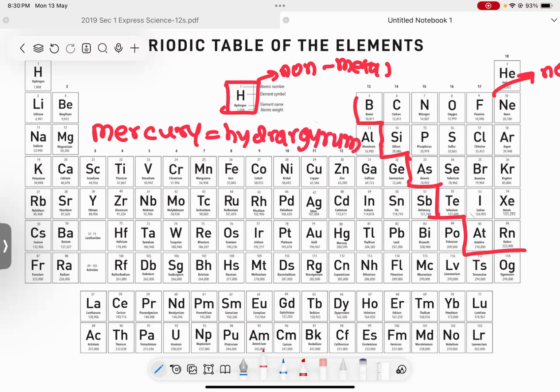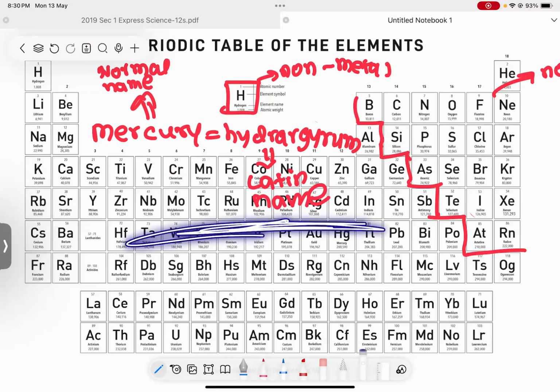So, mercury is the normal name which we all know it as, and this thing here is the Latin name. Okay? So that is the Latin name of mercury.